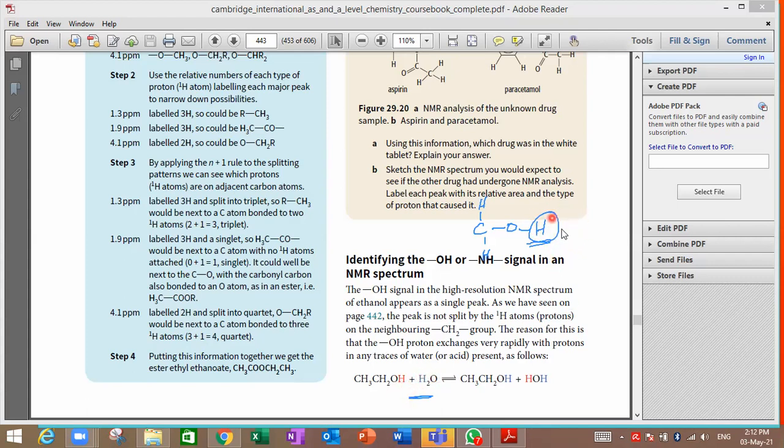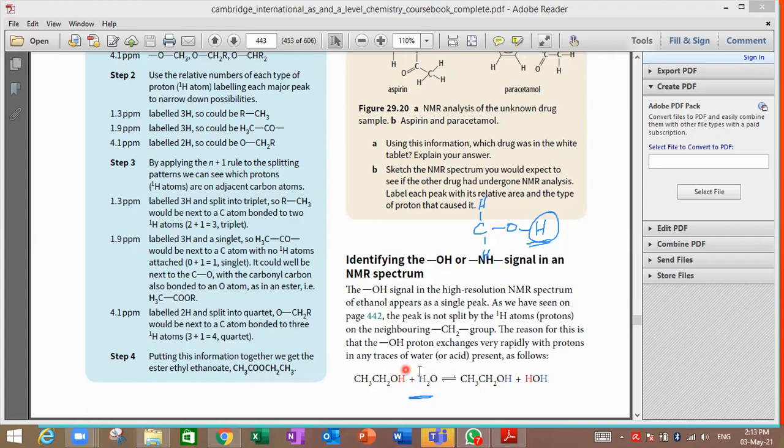Now, why does this hydrogen appear as a singlet? As a beginning, it appears as a singlet because it is not bonded directly to a carbon that is bonded to hydrogens. But there is another reason: when the OH of the alcohol is present in water, or even if we have traces of water in any solvent, this H exchanges its place with the hydrogen of the water molecule. And this exchange is very rapid.